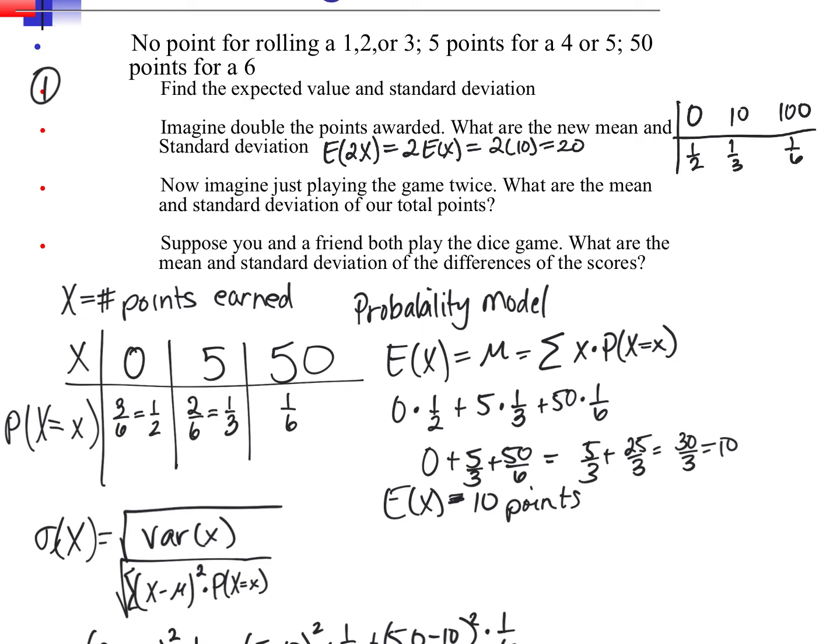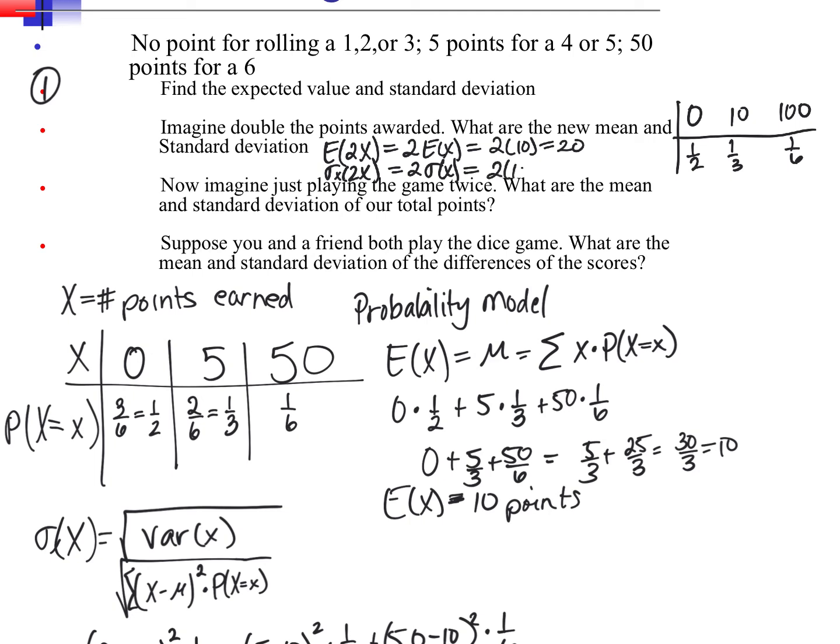And the same is true for standard deviation. Remember, standard deviation rescales, but it doesn't translate. So I can't add to the standard deviation. It doesn't increase the spread. But when I multiply, it does increase how spread out they are. So the standard deviation of 2 times my random variable is 2 times my standard deviation.